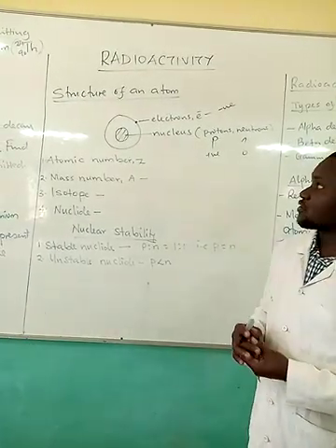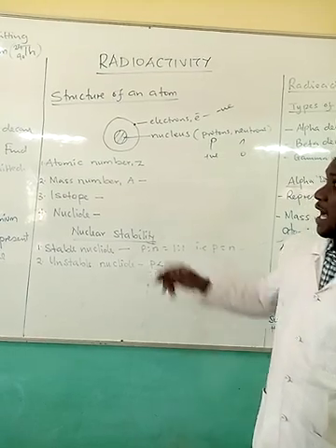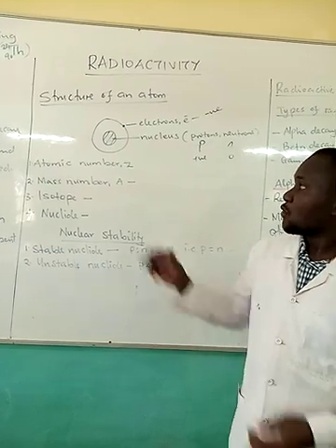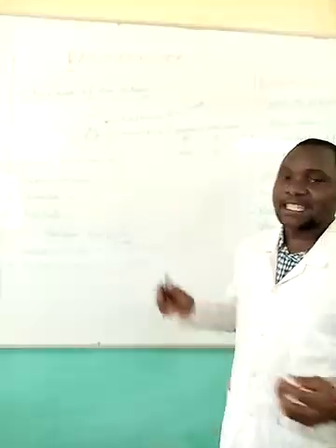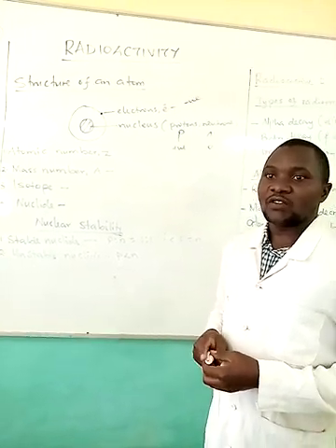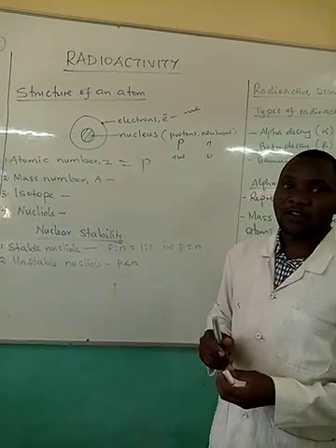Now, there are other things that we may need to define about an atom. We start with this term called atomic number, which we represent by letter Z. Atomic number is the number of protons in the nucleus of an atom. So atomic number is just equal to the number of protons.